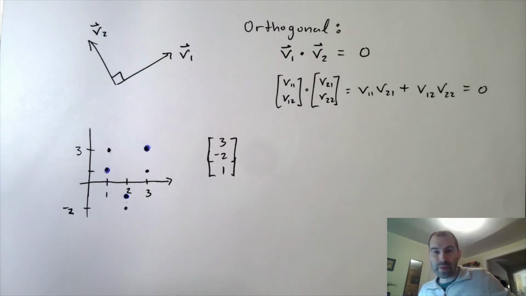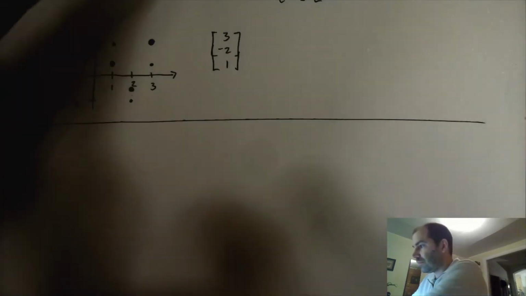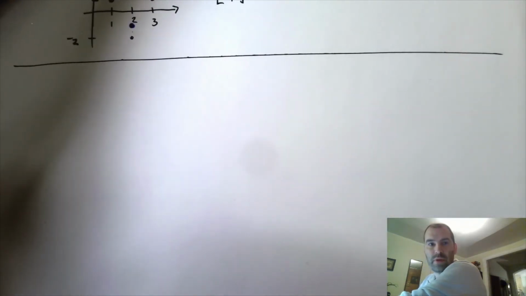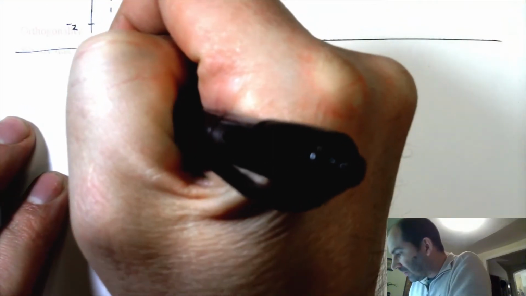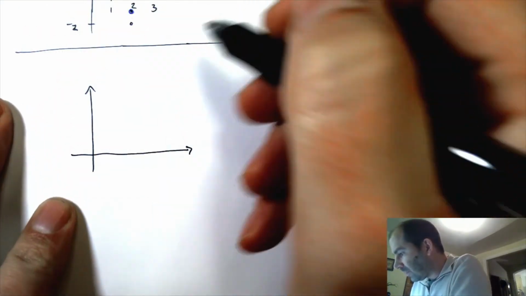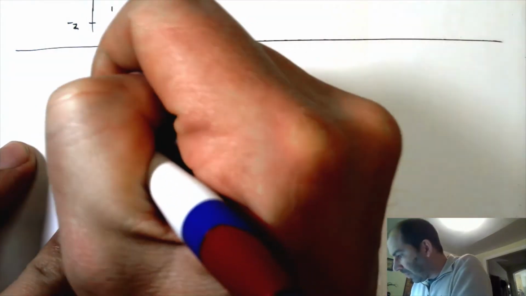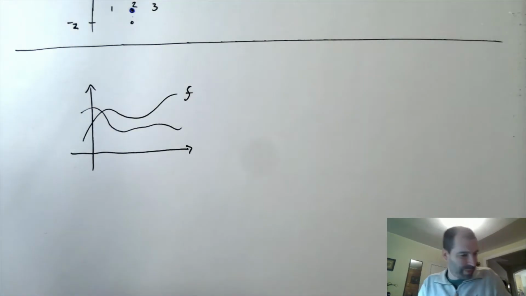Right. Well, let's think about functions now. Functions, of course, have a graph. So here might be a function f, and here might be a function, that's the pen that looks blue, but it doesn't write blue.